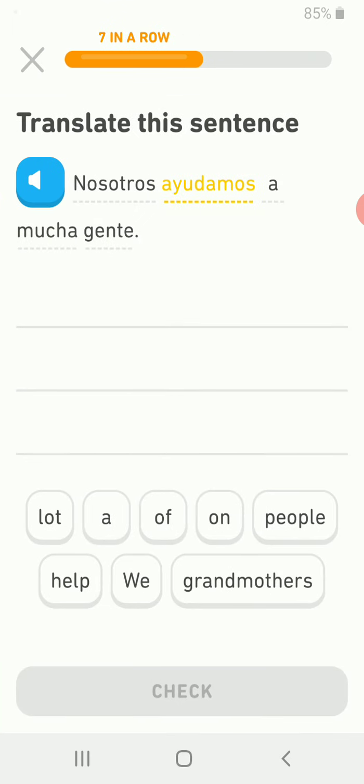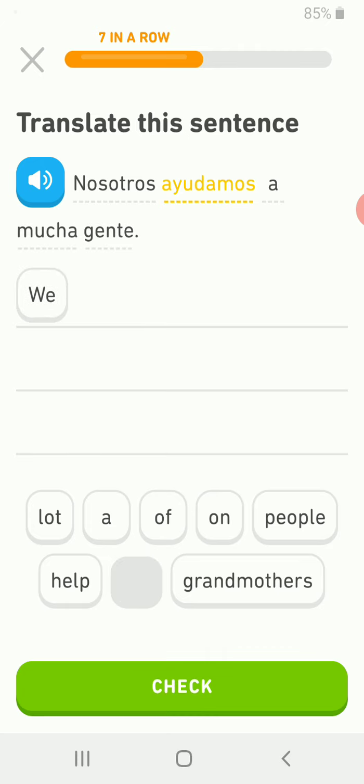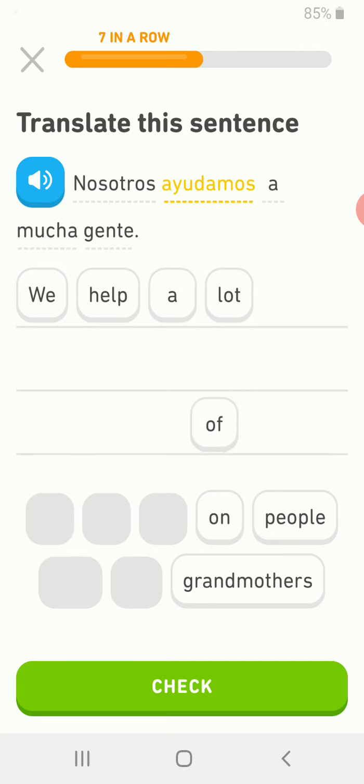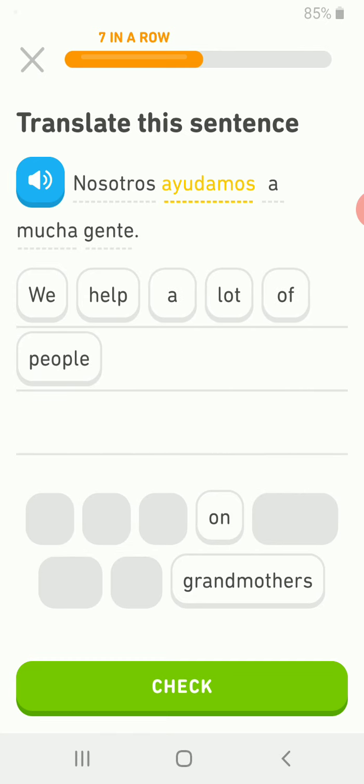So it's a question. Nosotros ayudamos a mucha gente. La gente, it's feminine. So nosotros ayudamos, so we help people, a lot of people.